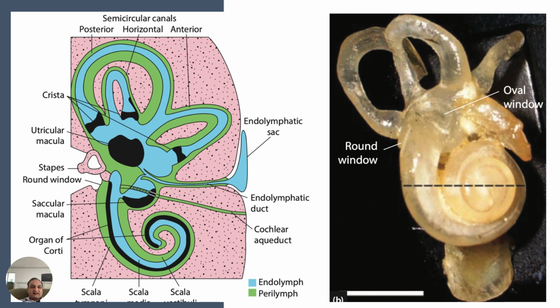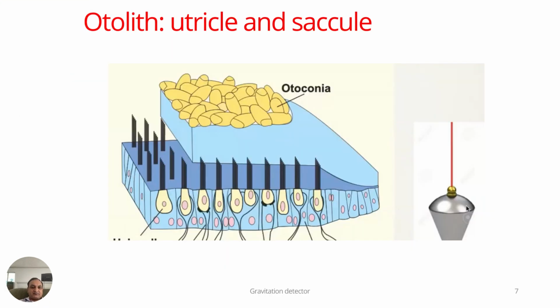So these are the semicircular canals, the three semicircular canals, the utricle and the saccule, that is for the balance of the body. The utricle and the saccule are known as the otolithic organs because of the otoliths they have. These otoliths, otoconia, are nothing but calcium carbonate crystals which respond to gravity.